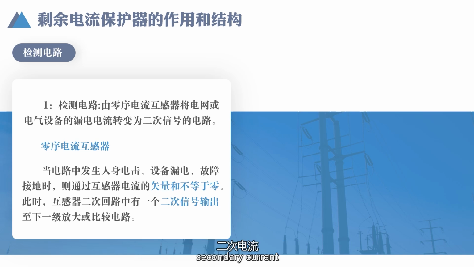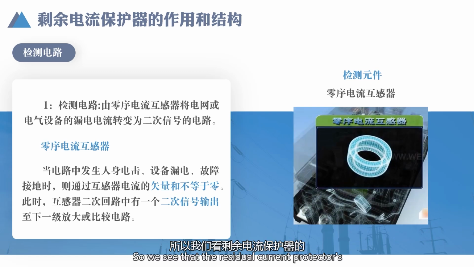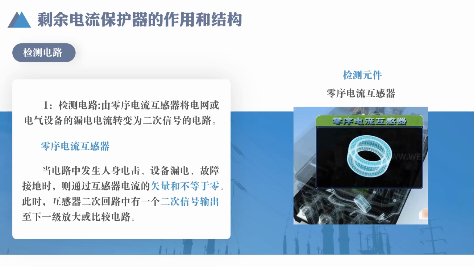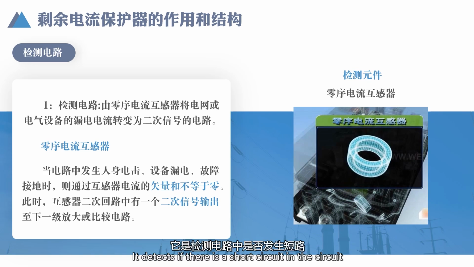This current is output to the next amplification or comparison circuit. So we see that the key part of the residual current protector is the zero-sequence current transformer. It detects whether there is a short circuit or leakage in the circuit. It's a key device for detecting electric shock in the circuit.